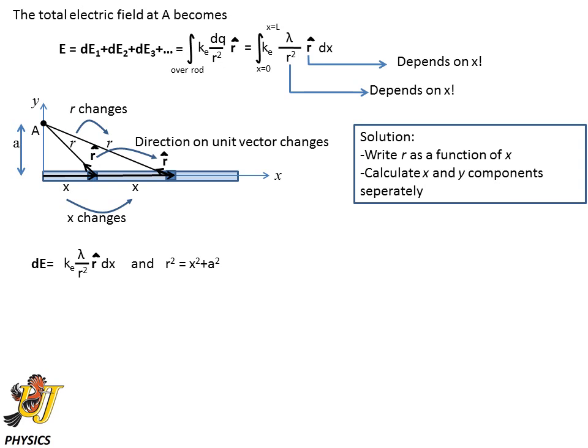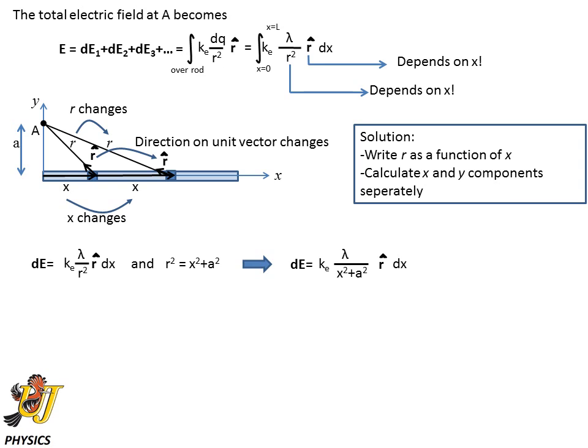So r squared we can write as just x squared plus a squared, where a is the distance from the end of the rod to our point where we want to calculate the electric field. We can substitute this into our expression to get the expression shown on the slide.